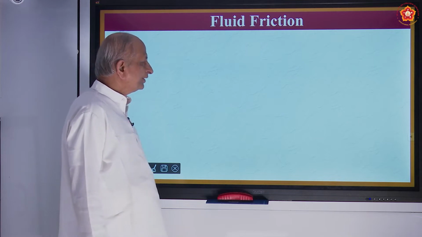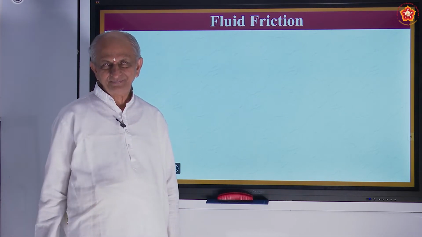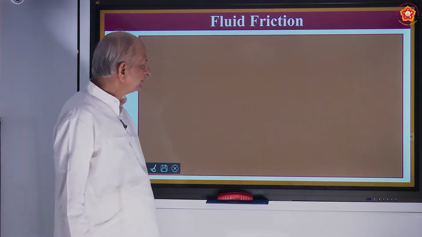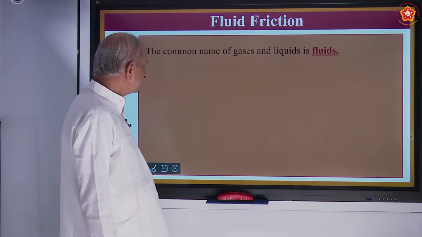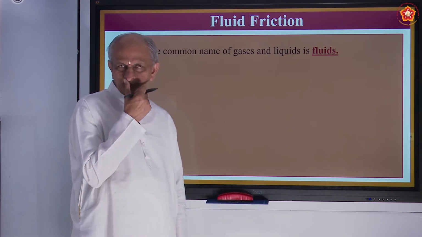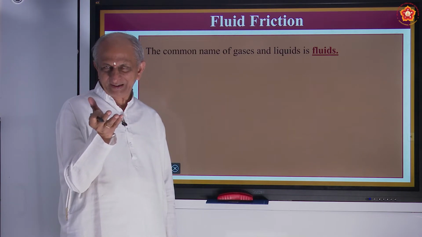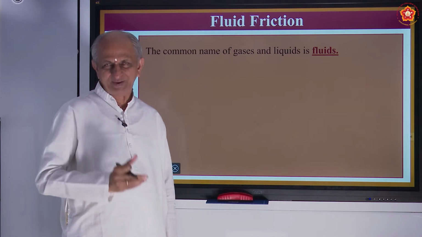Now let us come to what is called fluid friction. What is a fluid? Fluid is the common name for gases and liquids. You heard about liquids? Water, milk, kerosene, etc. are called liquids.